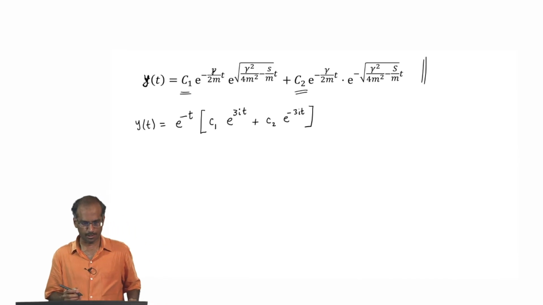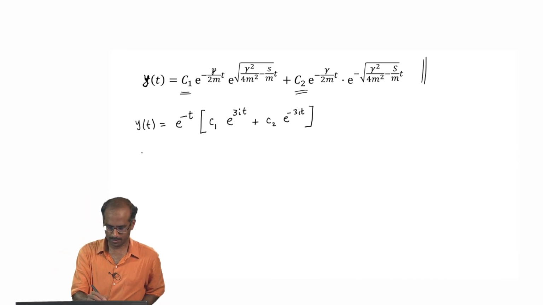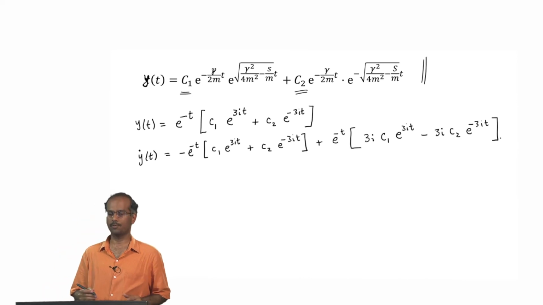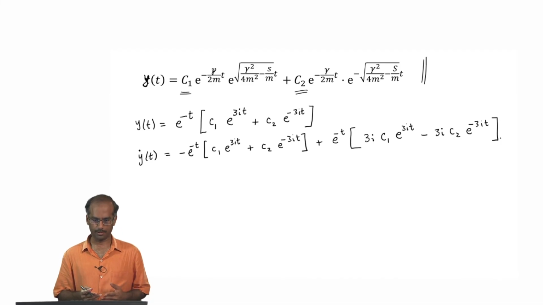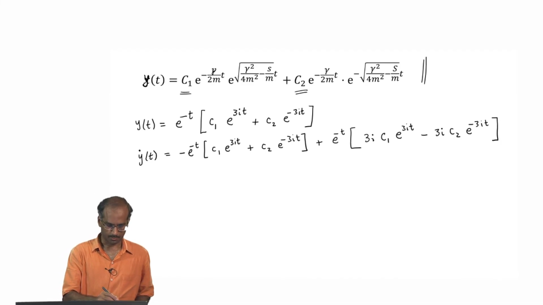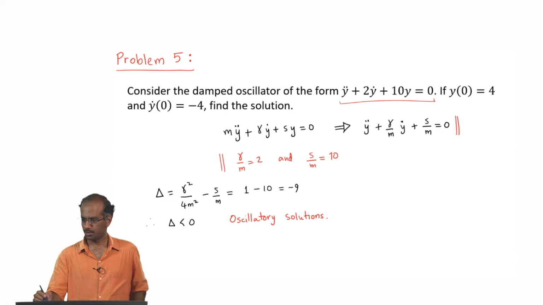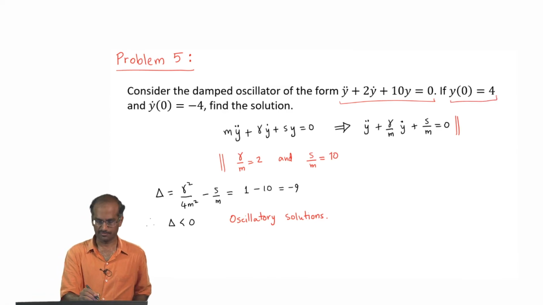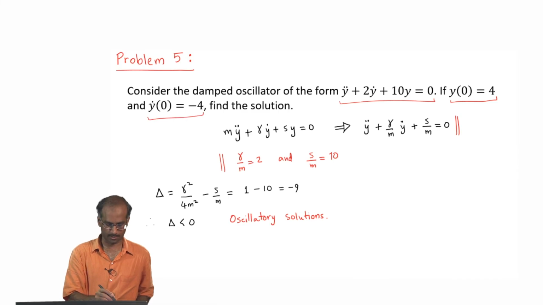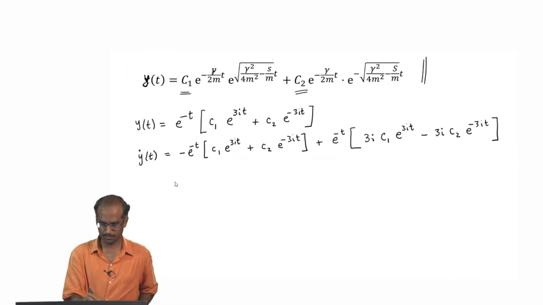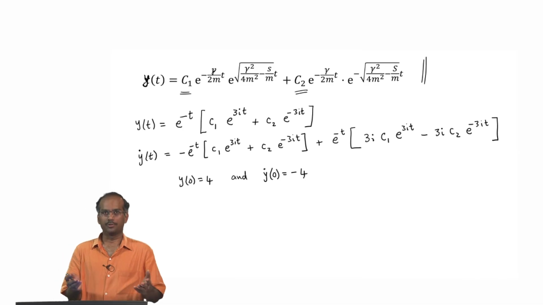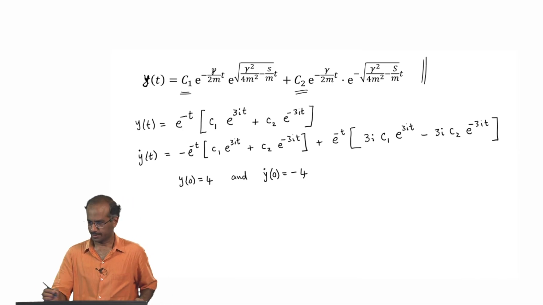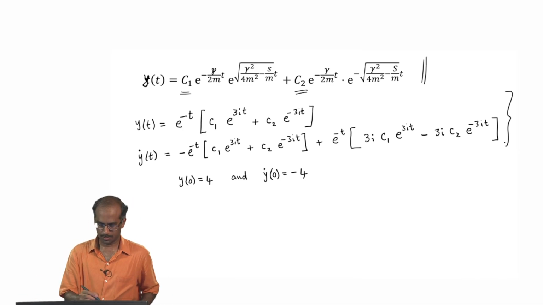Once I have written down the solution for y, I can also write the solution for y dot. I have an expression for y of t and y dot of t, and we also have two initial conditions, which is y of 0 is equal to 4 and y dot of 0 is equal to minus 4. I just need to plug these things back in these two solutions.